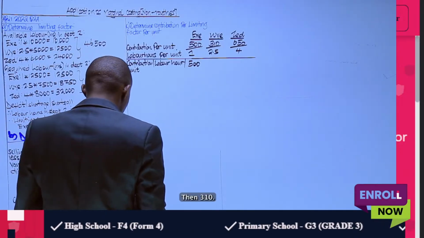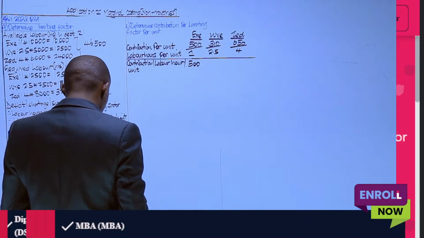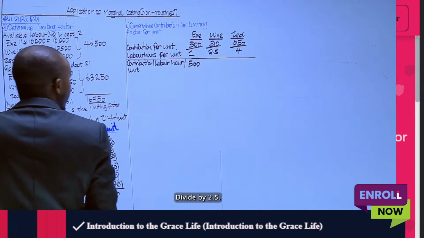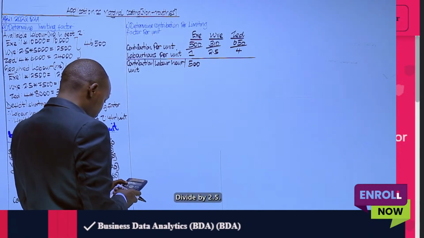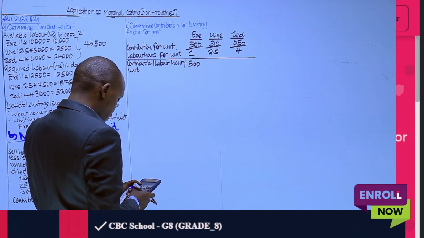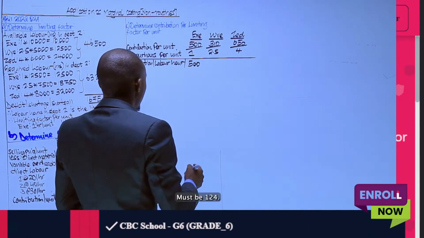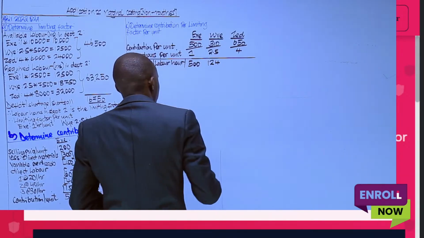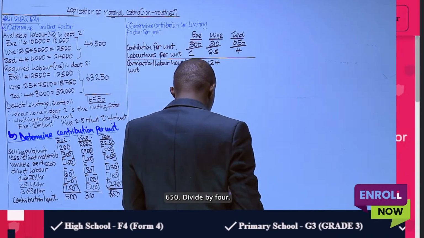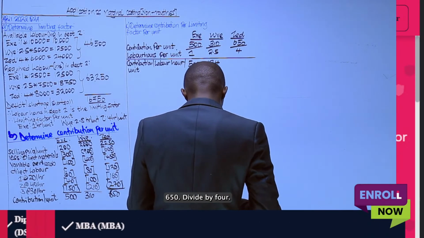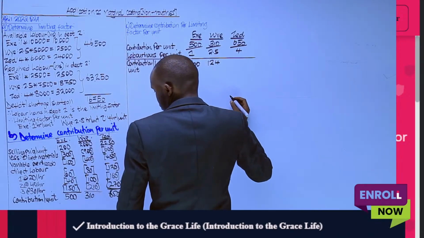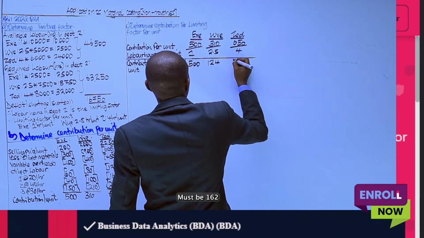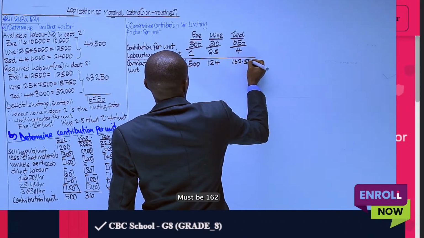Then 310 divided by 2.5 must be 124. 650 divided by 4 must be 162.5.